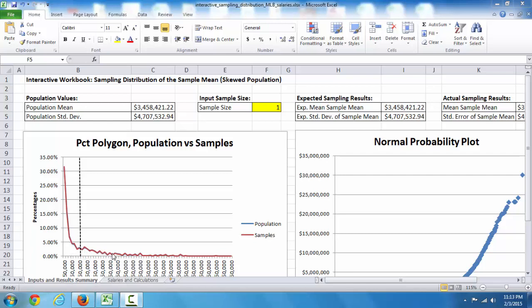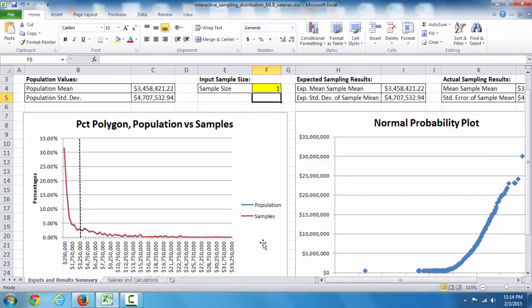And then as you get higher and higher salaries, you have fewer and fewer players making that salary. All the way up to here, up to 33 million, which is A-Rod. The dotted line here is plotted right at the Major League Baseball mean salary of 3.4 million.